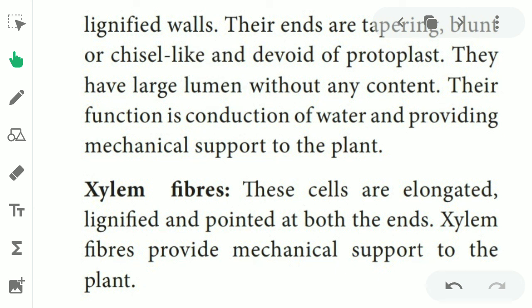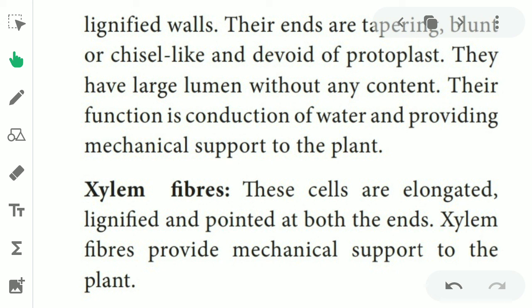Lignified means prominent, well developed wall. The ends are tapering, blunt or chisel-like, devoid of protoplast. Chisel means like a hammer. They have a large lumen without any content. Their functions are conducting water and providing mechanical support to the plant.